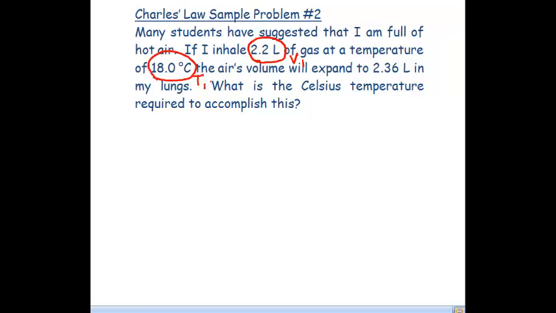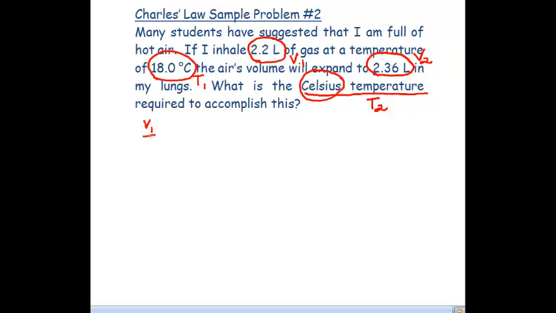I want to know what the new Celsius temperature is when this gas expands to 2.36 liters. 2.36 liters, that's V2. So I'm interested in a Celsius temperature. Please note, Celsius temperature. Pay attention to that. So what am I looking for? I'm looking for T2.